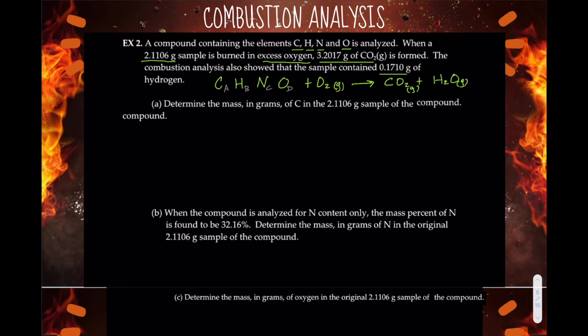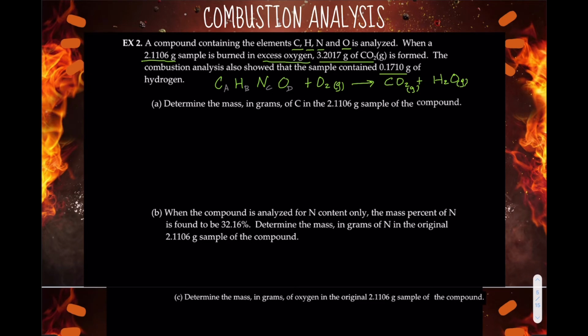An equation representing this combustion reaction can be written as follows. C, H, and O each have unknown subscripts, so we're using A, B, C, D to represent those unknown numbers, plus oxygen gas yields carbon dioxide and water as products.